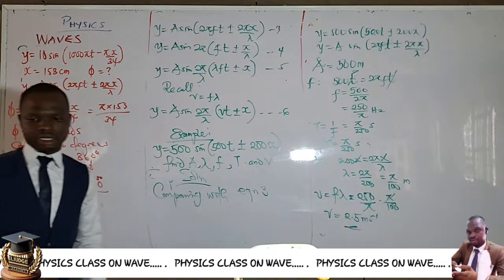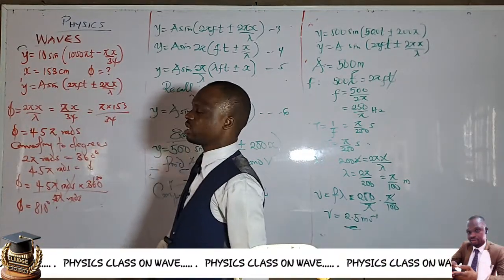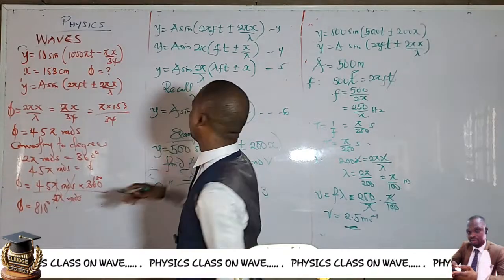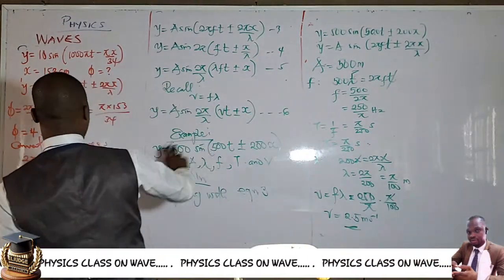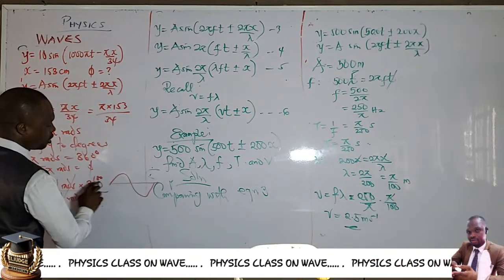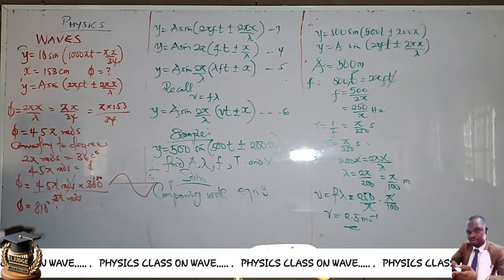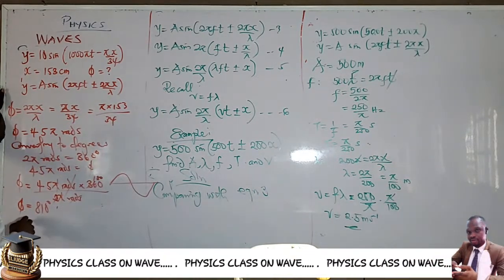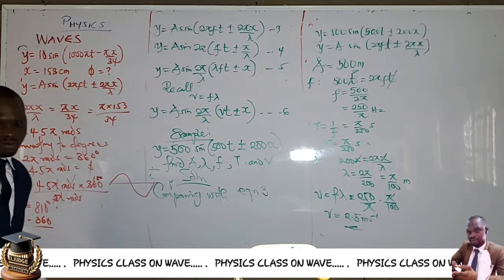Now, this 810 degrees is a multiple of different cycles, and a whole cycle is 360. This 810 is more than this, so let's continue to subtract 360 from it. What do we have for that?